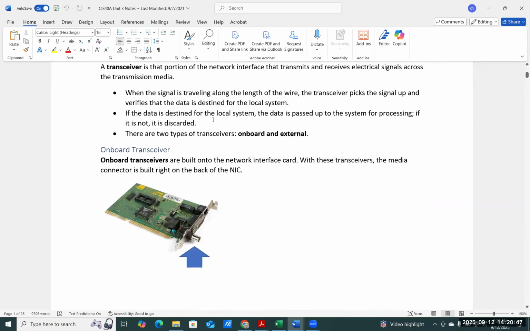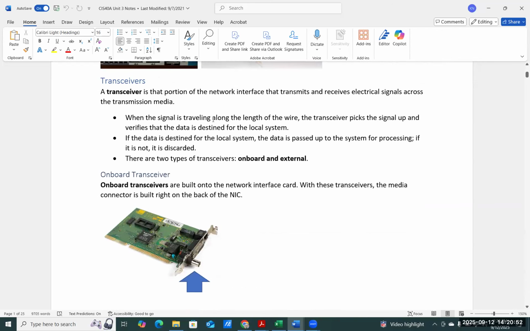Okay. And then the second one, you would see that this is a transceiver. It looks kind of like your network adapter. Transceivers are old. You're going to see that they are often with coaxial. You do find some adapters that are still being sold.